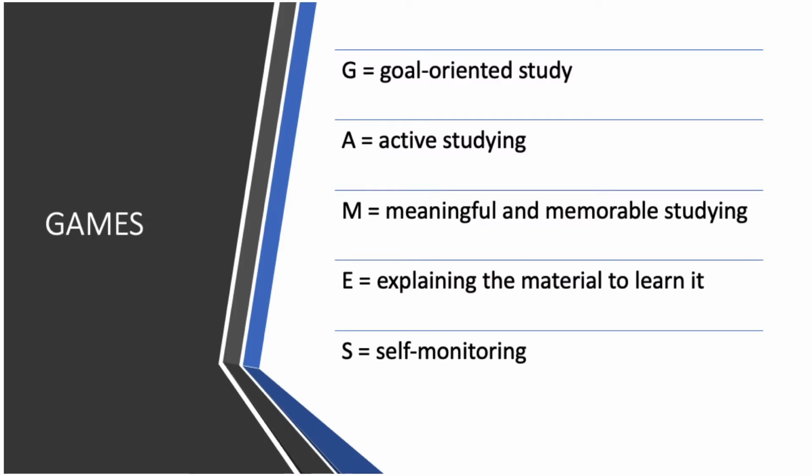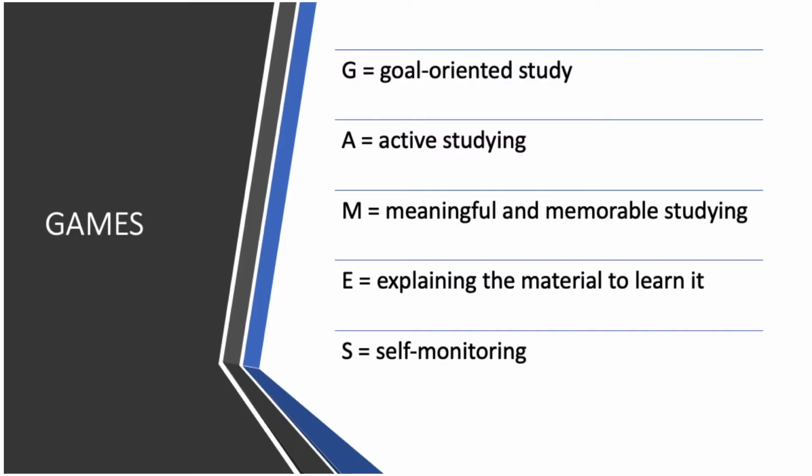Connect, question, elaborate, use dual coding, create concrete examples, then explain the material to yourself, your dog, the wall, elaborate, and list everything that you know about the topic or the issue. Then, just like reviewing in the intense study session, self-monitor and see what you really know.